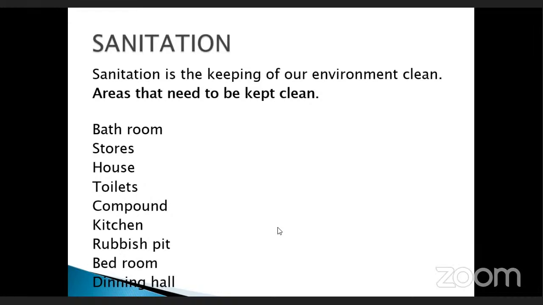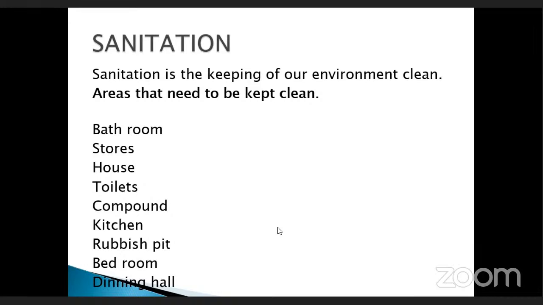What about the compound? How will you clean the compound? Sweeping. Good. What about the toilets? How will you clean the toilets? Scrubbing. Very good. You can scrub the toilets.